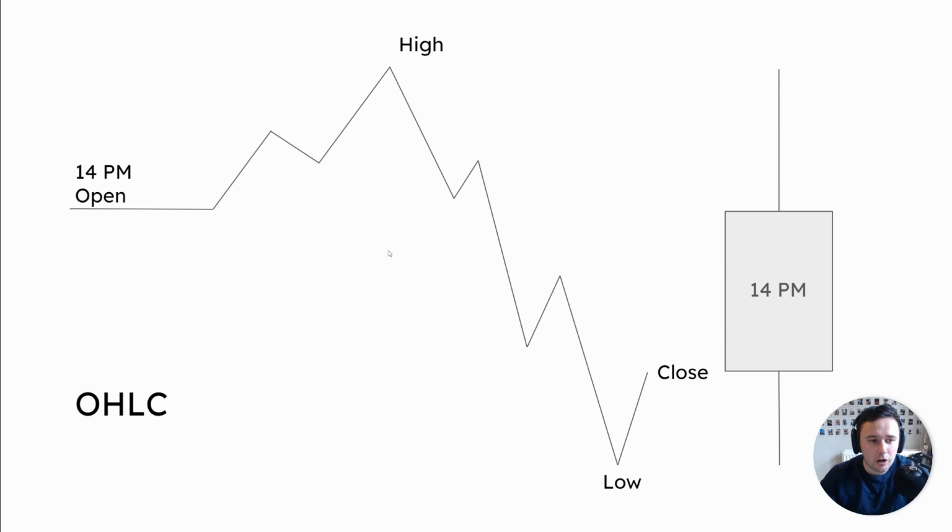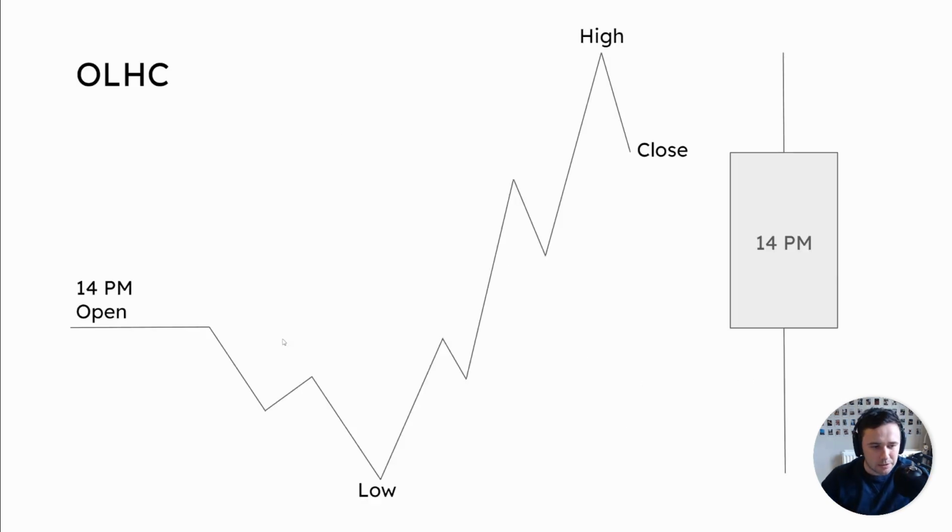So now going over the open, high, low, close of the candle, we can see that this is the 2 PM open. Price manipulates higher, it creates a high, and that is also the high of the wick of the candle. We distribute lower, creating the body of the candle, creating the low of the candle at this wick right over here. Eventually we retrace a little bit higher, closing of the body of the candle.